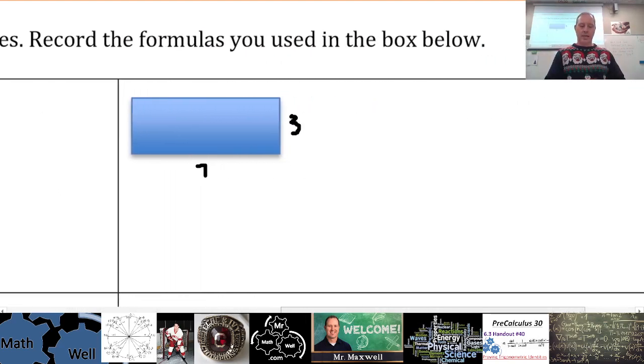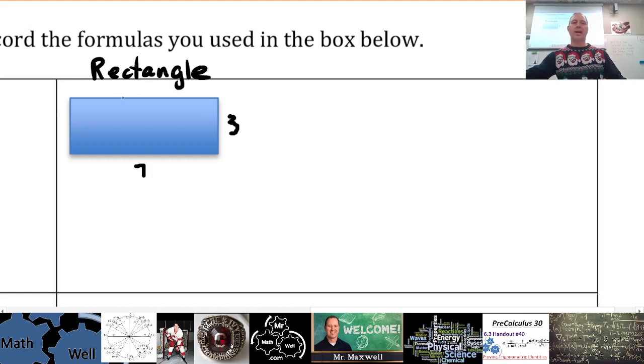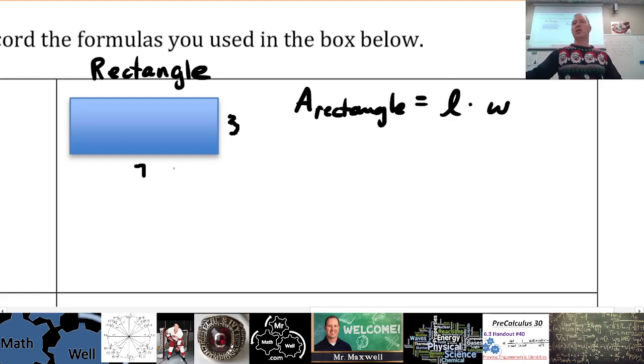Okay, next. Why don't you put numbers like this, 7 and 3, okay? So what shape is this? Yeah, this is a rectangle. It's not a square because all the sides are not equal. What's the area formula for a rectangle? Yeah, we mentioned that before. It's going to be length times width. The length is usually the longer side.